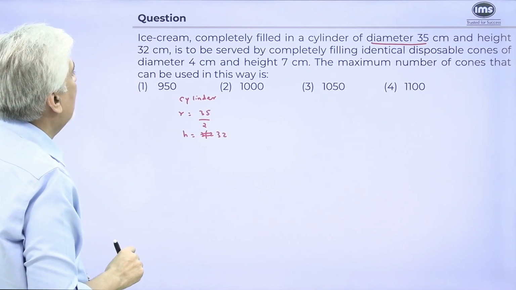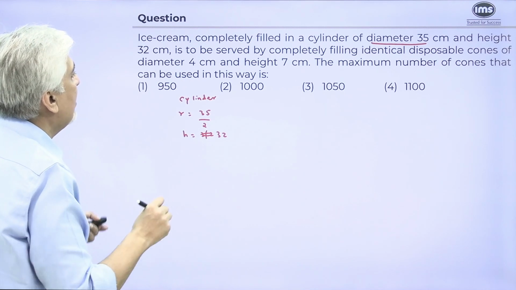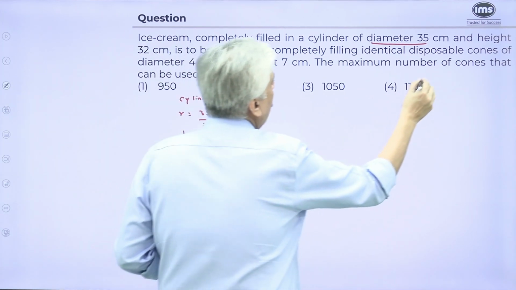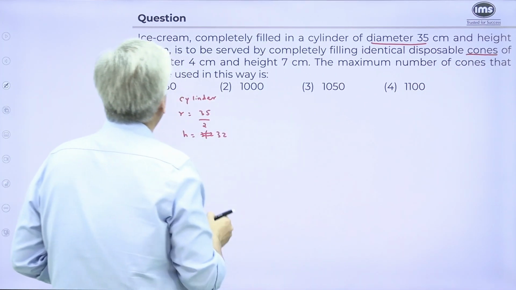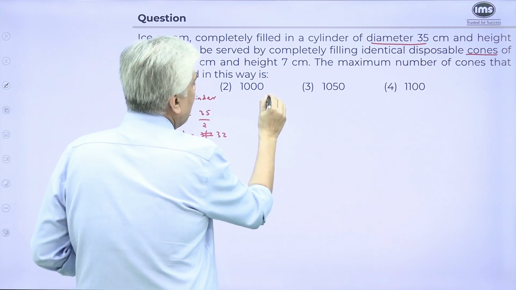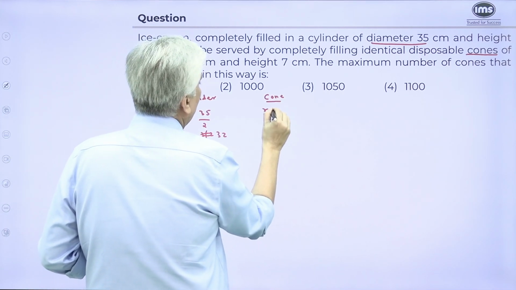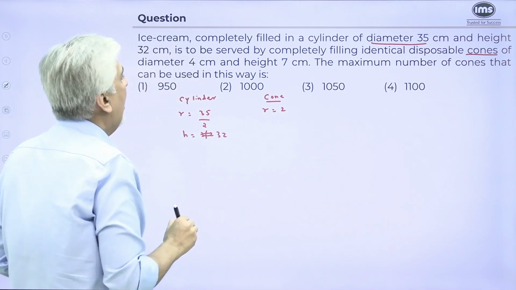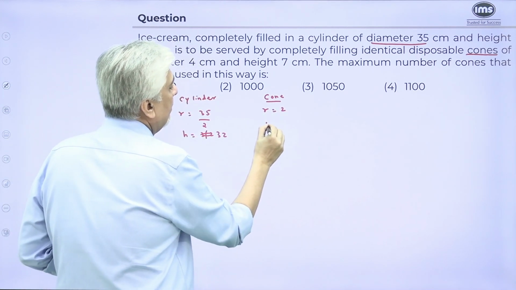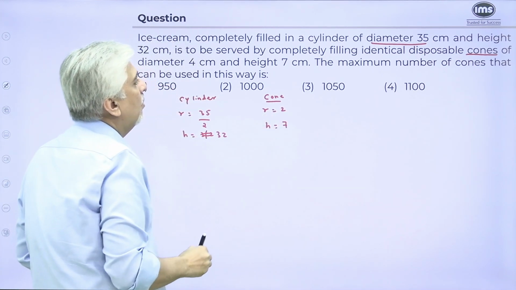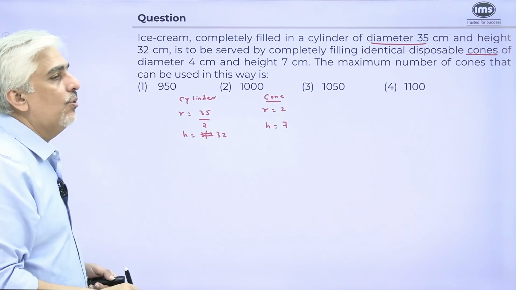It should be served completely filling identical disposable cones. So we are going to make cones, serve ice cream in cones. Cone is a right circular cone, whose diameter is 4, so radius will be 2, and height is 7. Maximum number of cones that can be used in that way.